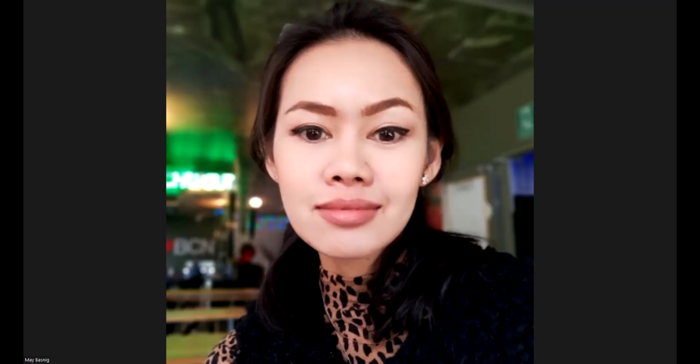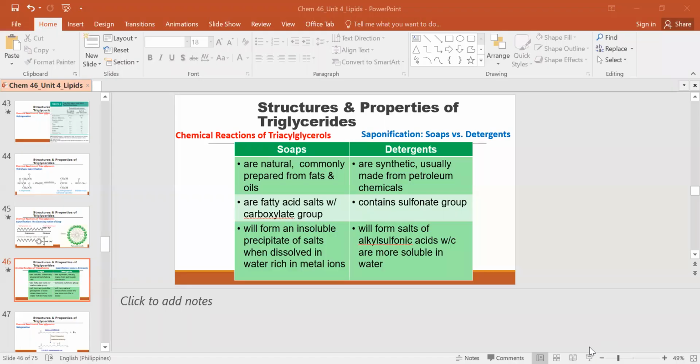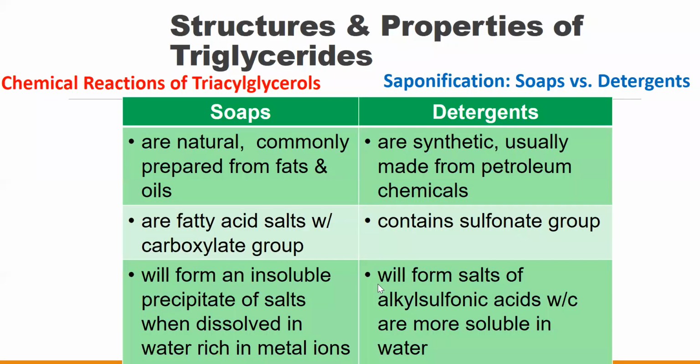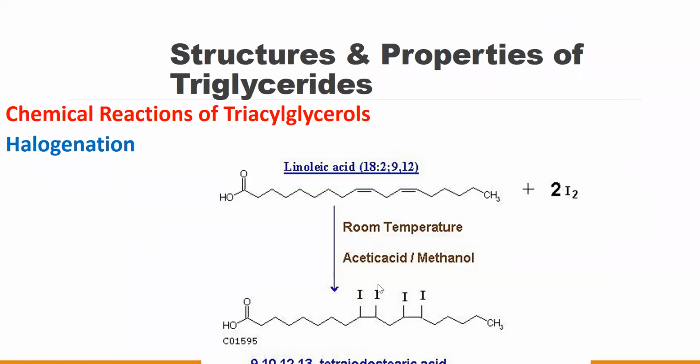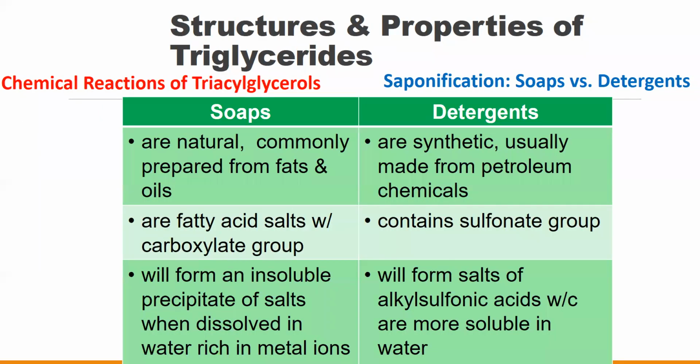Ma'am, I have a question. If you use soap and rainwater is used, it is still slippery. Mas better pa ang tubig ulan, no? Because rain is actually a mixture.